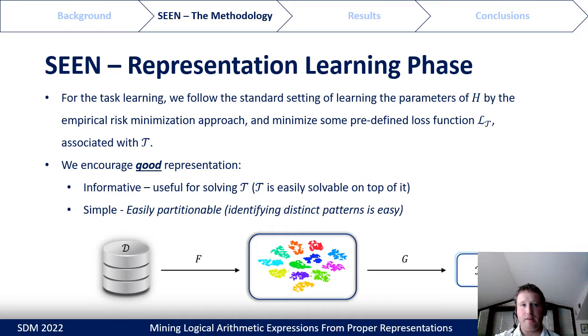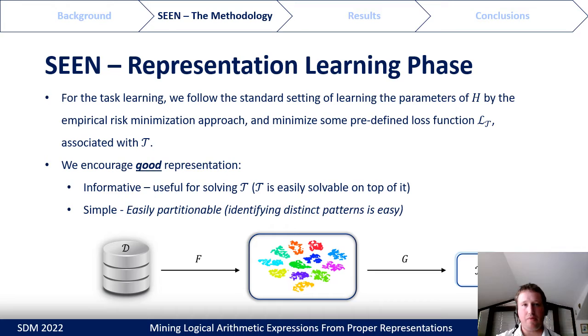Specifically, I encourage learning good data representations, which are, first, informative, which means that they are useful for solving the task, and second, simple in the sense that they are easily partitionable.